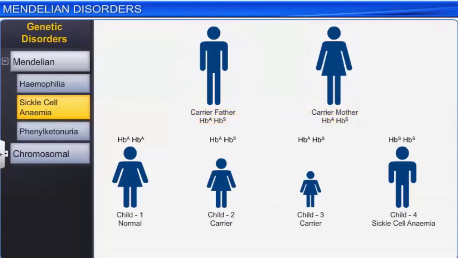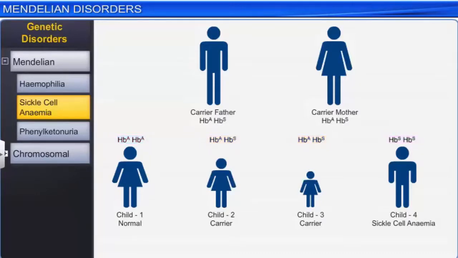The disorder is controlled by the two alleles HBA and HBS. These alleles can form three genotypes, namely HBA-HBA, HBA-HBS, and HBS-HBS.